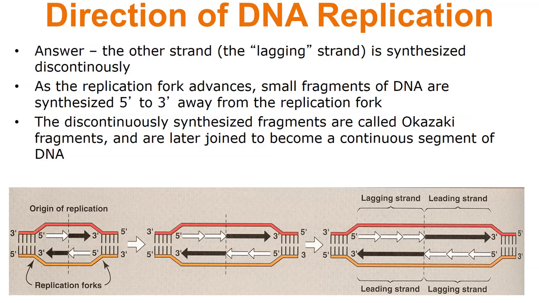And on the opposite strand, we're actually going towards the fork the whole time. So these smaller fragments are called Okazaki fragments or the lagging strand. You'll see both of those terms used. They both mean the same thing. The Okazaki fragment was named after the person who discovered it. Later on, we'll join all these short segments together, as we're going to see.